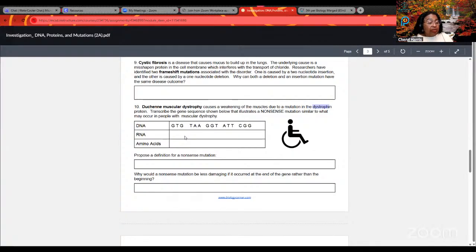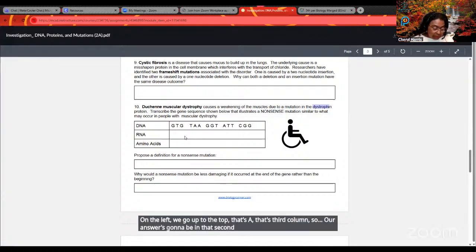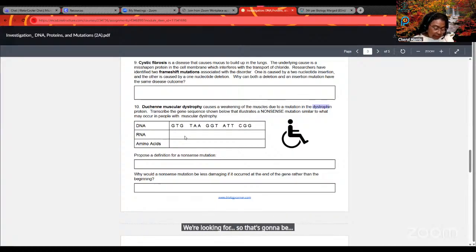All right, so our next step now is to go find the amino acids that go with this. We look on the side, we have C on the left, we go up to the top, that's A, that's third column. So our answer is going to be in that second row, third column. That's going to be histidine. All right, A is the third row, U is the first column, the one at the top.